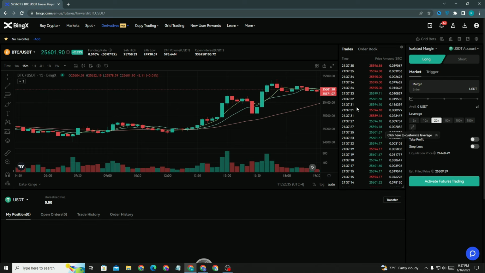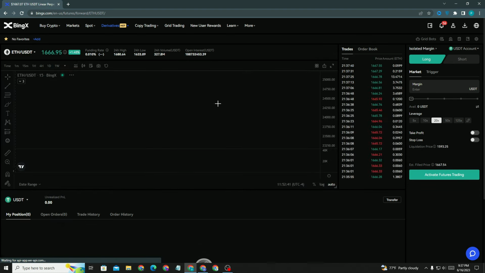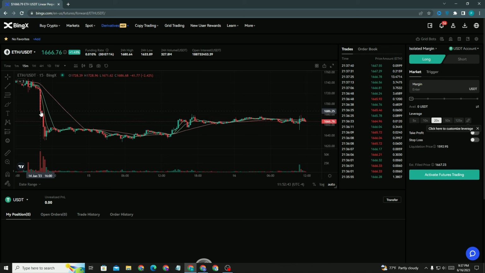So simply you can choose cryptocurrencies like BTC, like ETH, whichever is favorable, and if you think that you will get a profitable amount here, then you can simply go through it. It's a very easy and simple task over here.